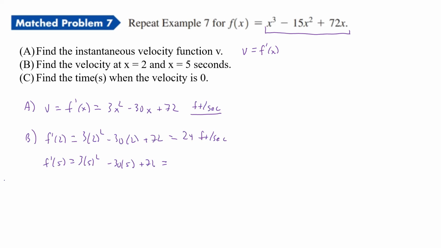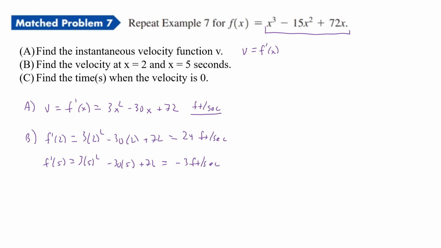Yeah, so that's 5 squared times 3 minus 60 plus 72. Looks like minus 3 feet per second is going to be that one.